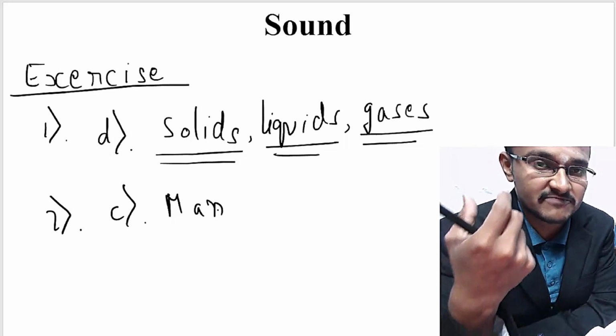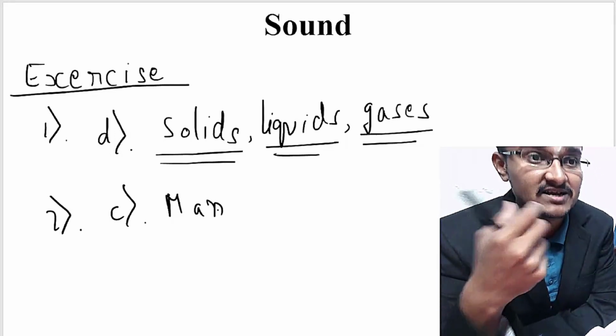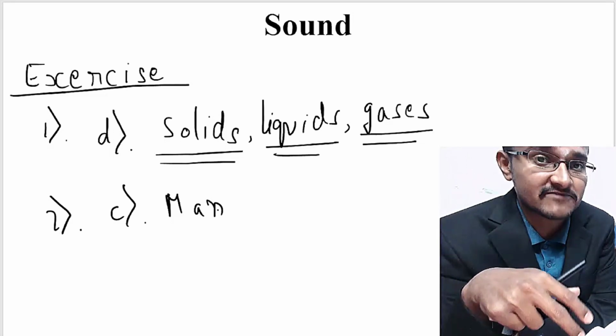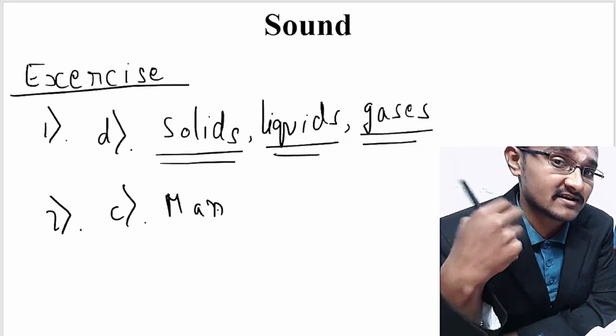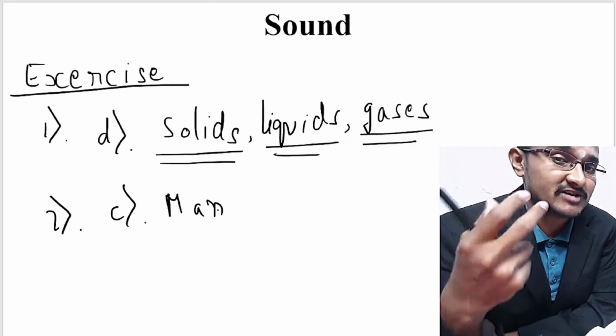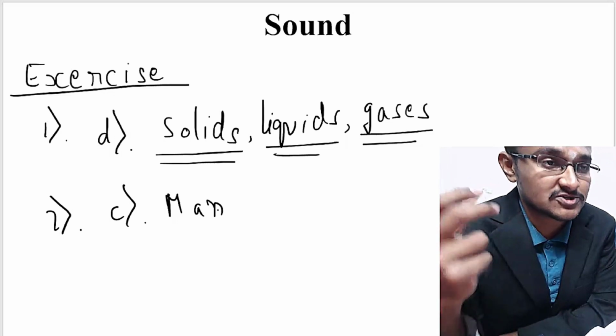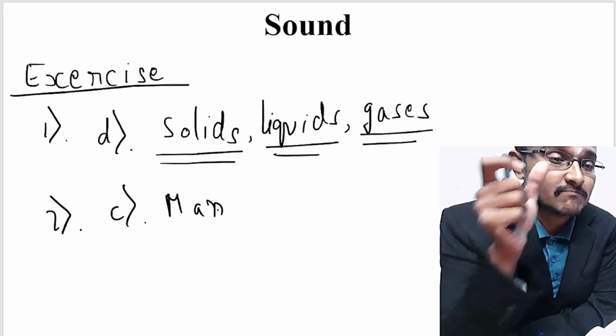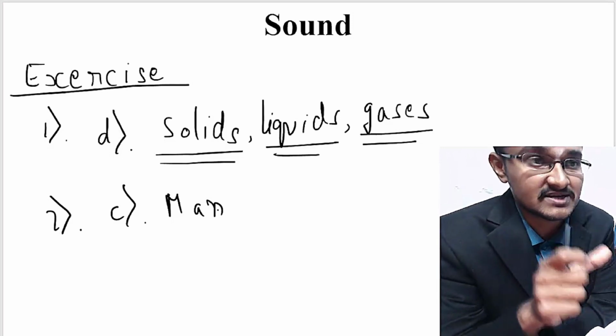If you refer to my previous video, I have explained that a female voice has higher frequency and a male voice has lower frequency, but a male voice has higher amplitude, hence the loudness of the male voice is more, but the frequency of the female voice is more. So comparing male voice and female voice, the male voice has lesser frequency.